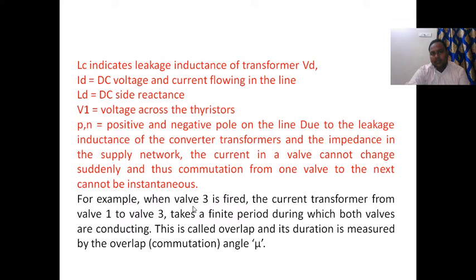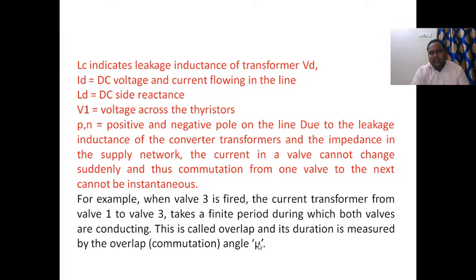So for example, when valve 3 is fired, the current transfer from valve 1 to valve 3 takes a finite period, during which both valves are conducting. This is called overlap and its duration is measured by the overlap or commutation angle mu.